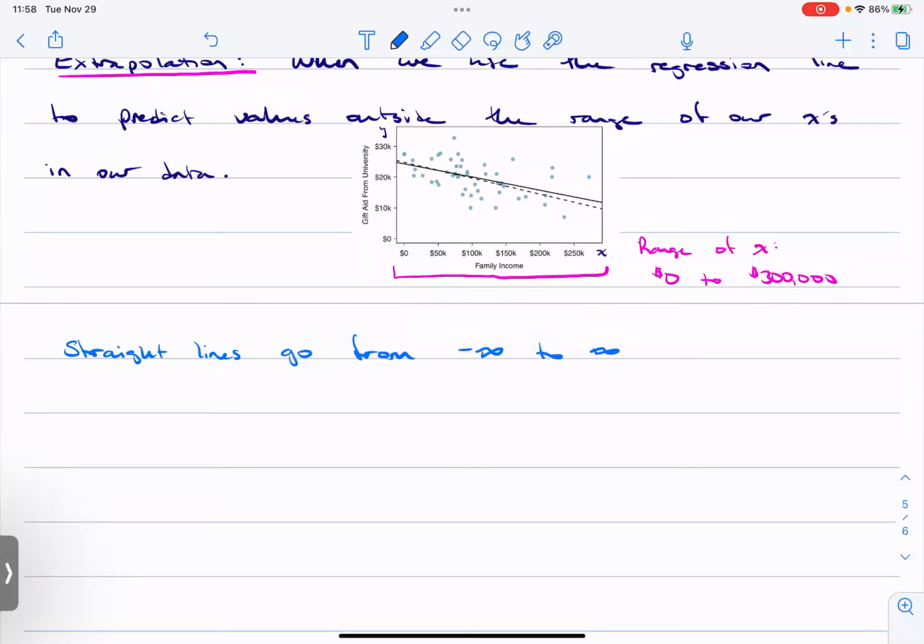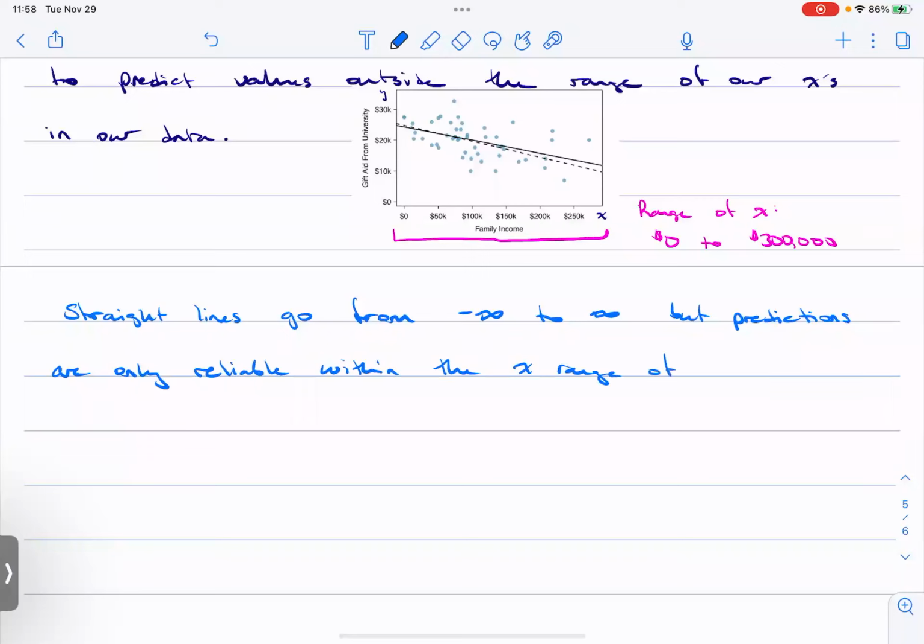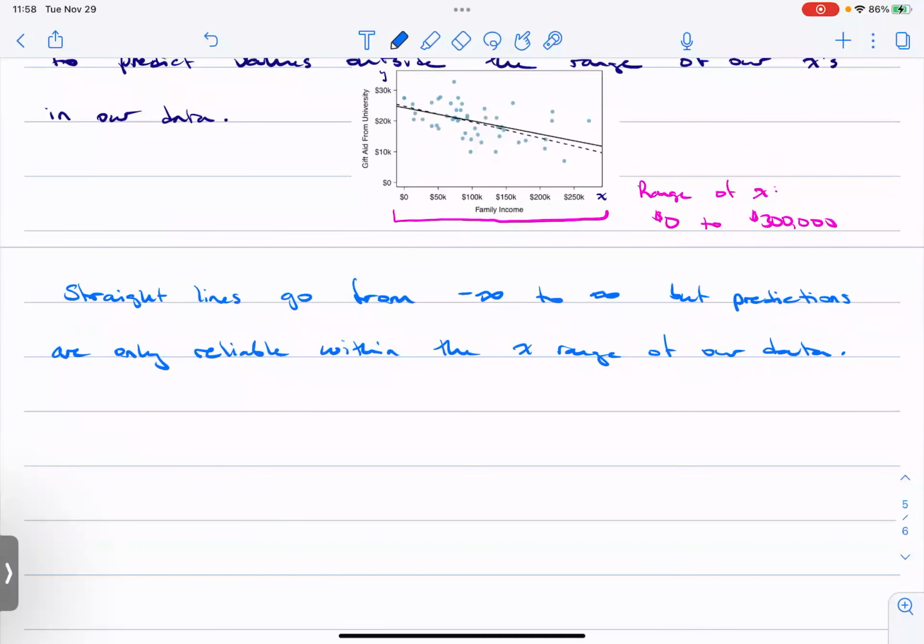But predictions are only reliable within the range of our data that we built this line from. But predictions are only reliable within the X range of our data. And this we call interpolation.